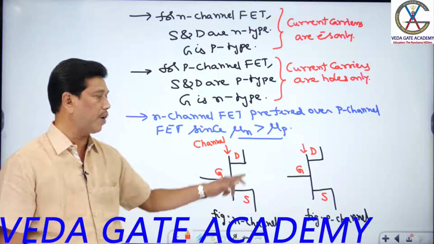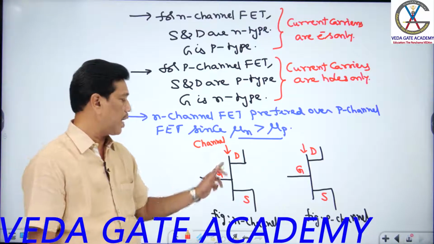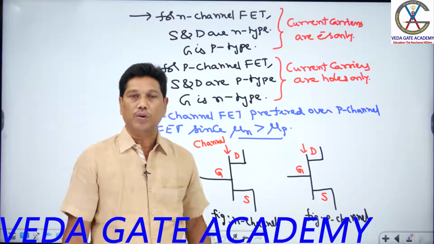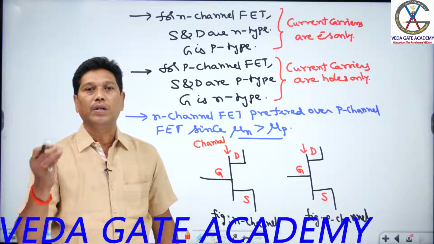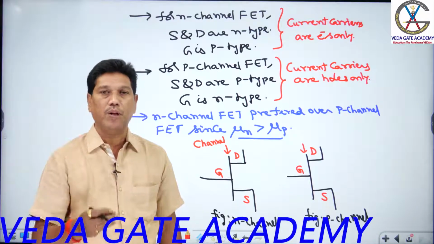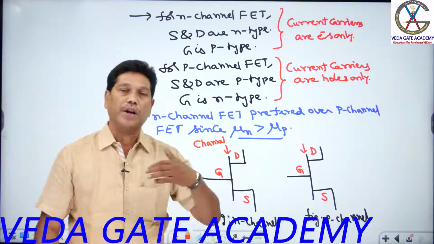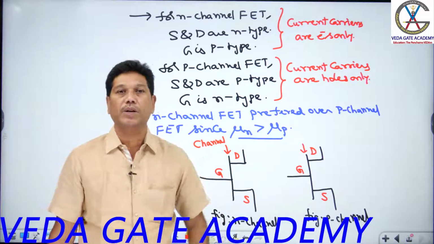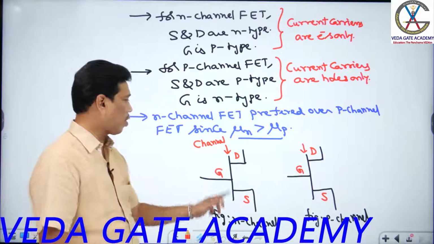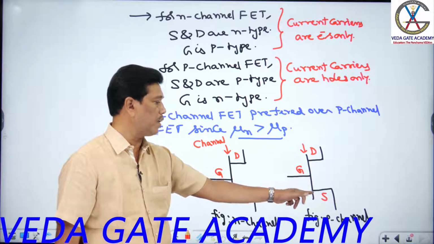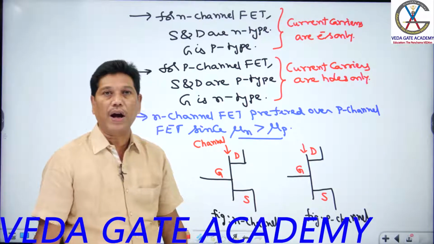So a physical channel is present in JFET as well as in depletion MOSFET, but in enhancement-only MOSFET the physical channel is not present; you induce the channel by applying a certain gate voltage. So this long vertical line is called a channel, indicating a conducting path maintained by the channel between source and drain.